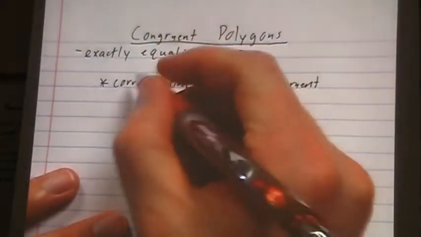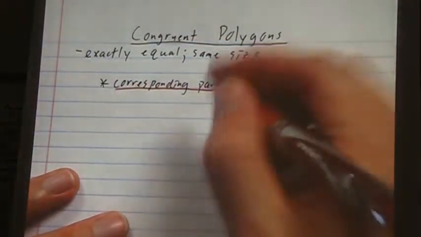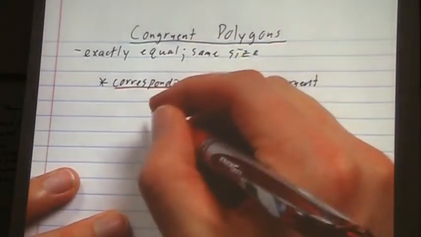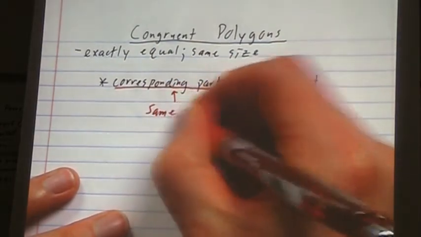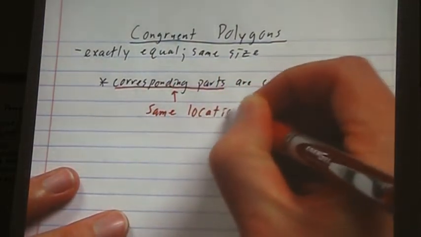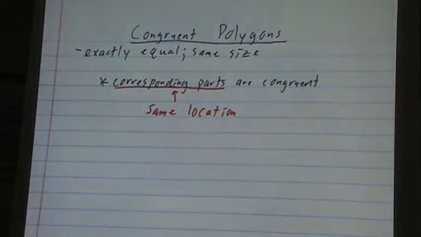And corresponding means pieces in the same location on the shape, and I'll show you what that means.